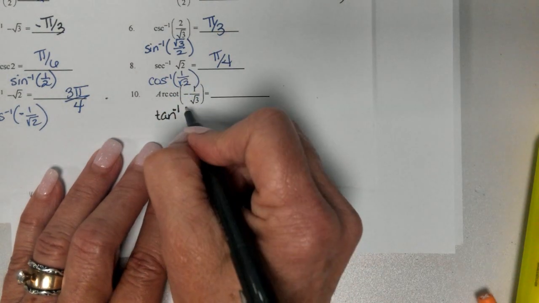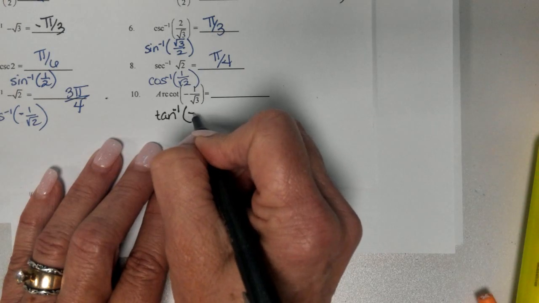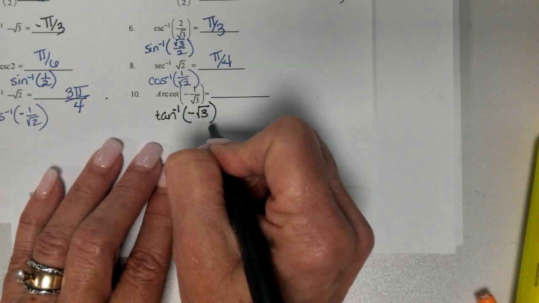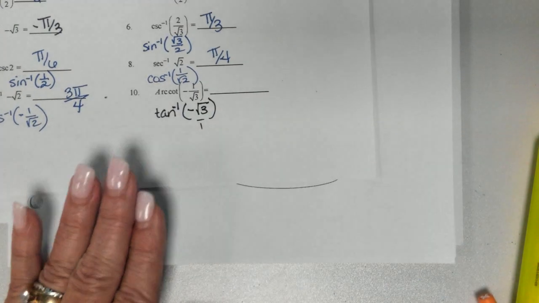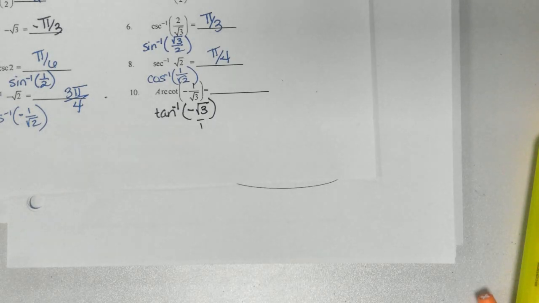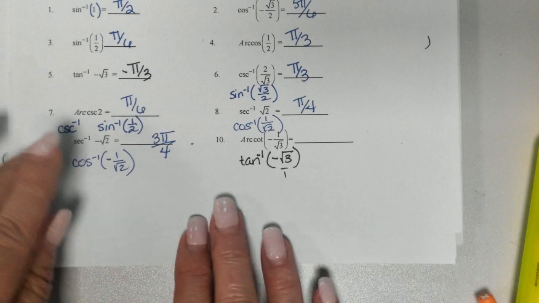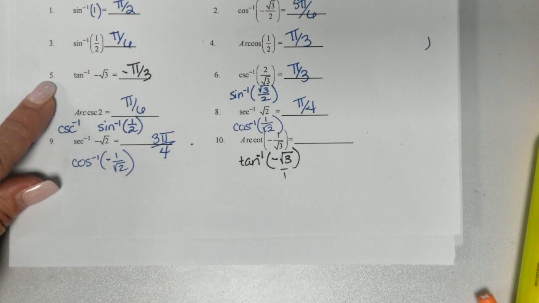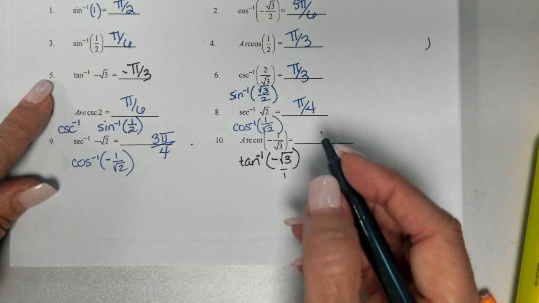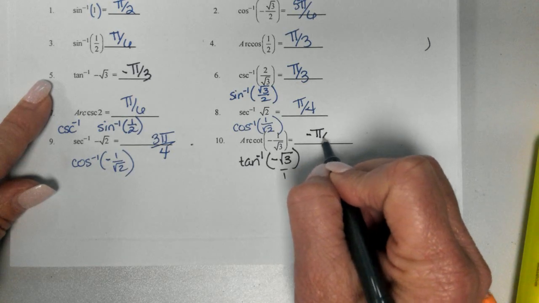So that's going to be a negative root 3 over 1. Well, guess what? There you go. It's the exact same question as number 5. So our answer is going to be negative pi over 3.